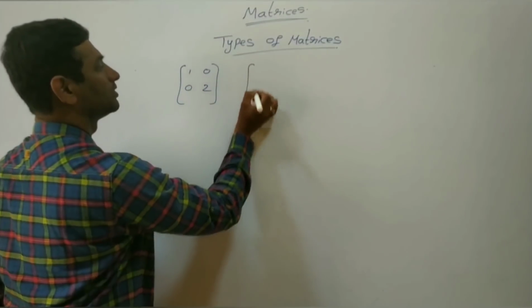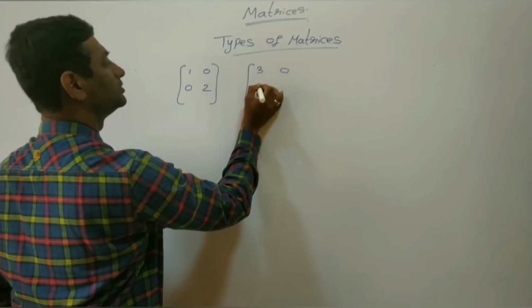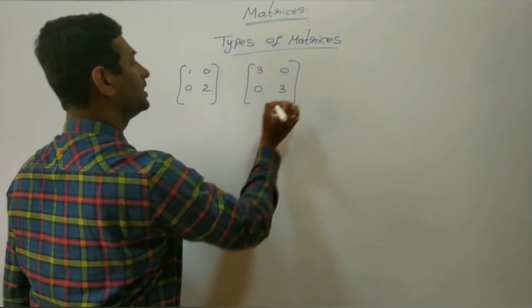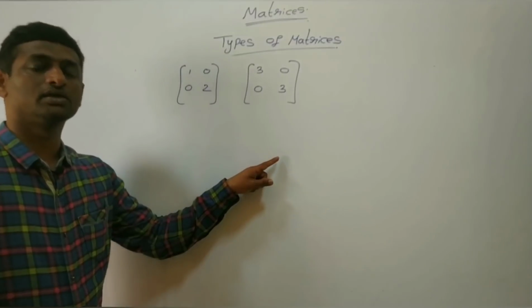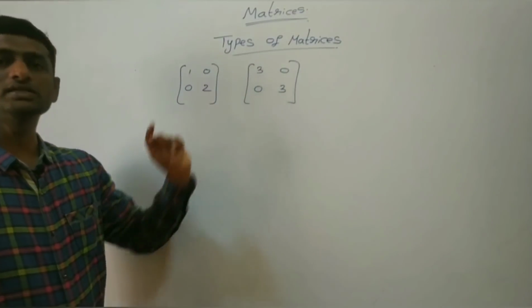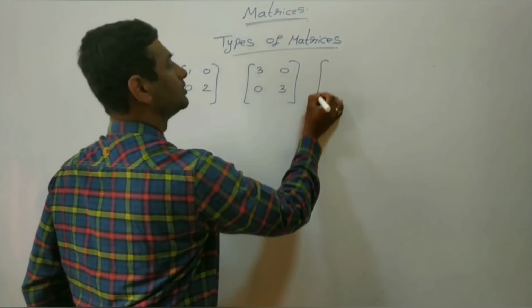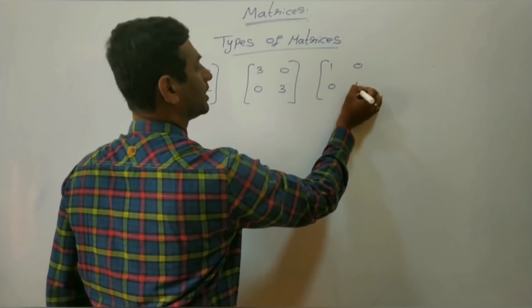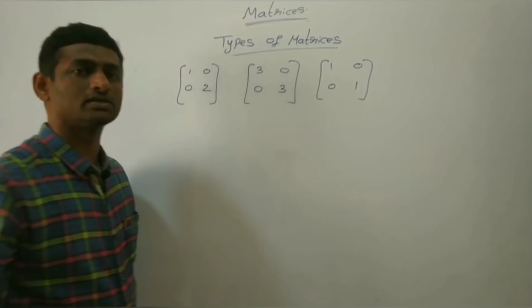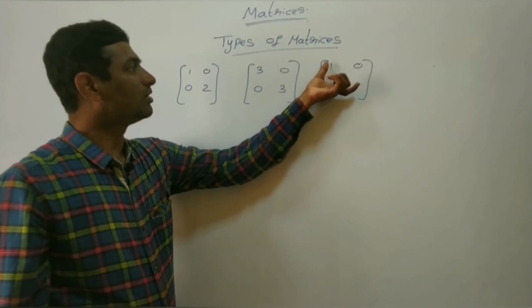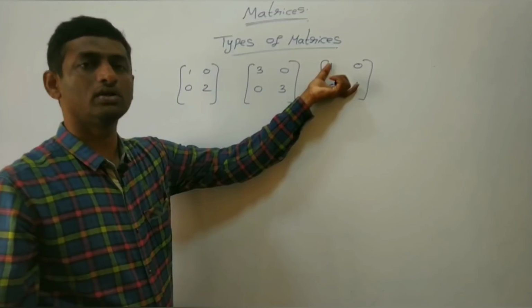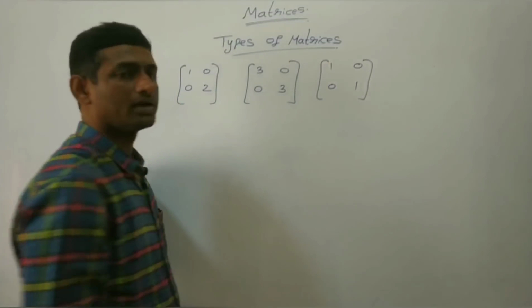Coming to this 3 0 0 3, it is a diagonal matrix whereas principal diagonal elements are the same. So it is an example of a scalar matrix. Coming to 1 0 0 1, it is also a scalar matrix but all diagonal elements are equal to 1. So it is an identity matrix.